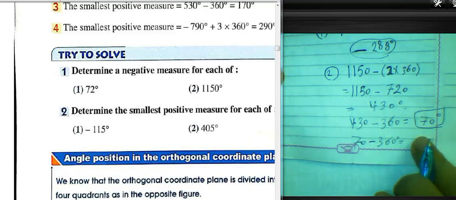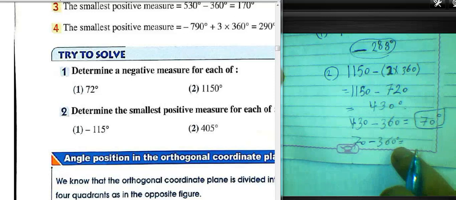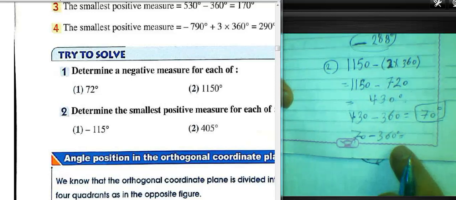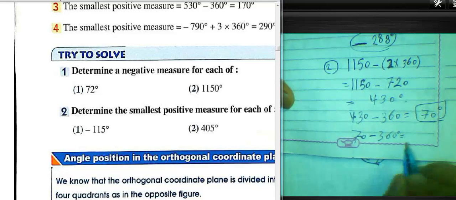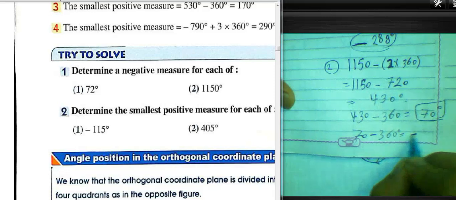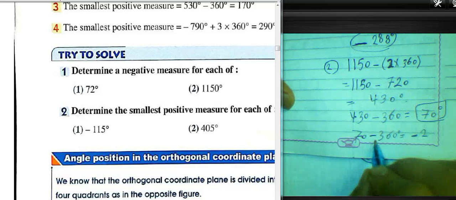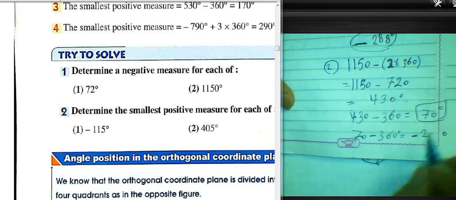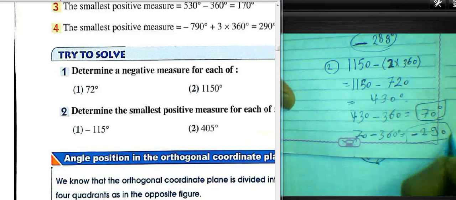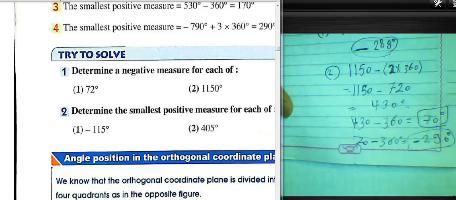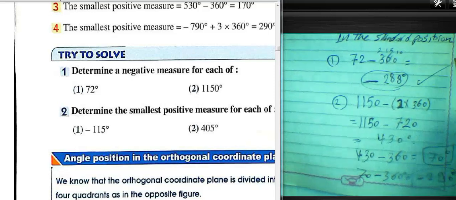If you want the positive, you write 70 degrees, but here we want the negative measure, so we subtract 360 again. The result will be negative 290 degrees. This is the measure.